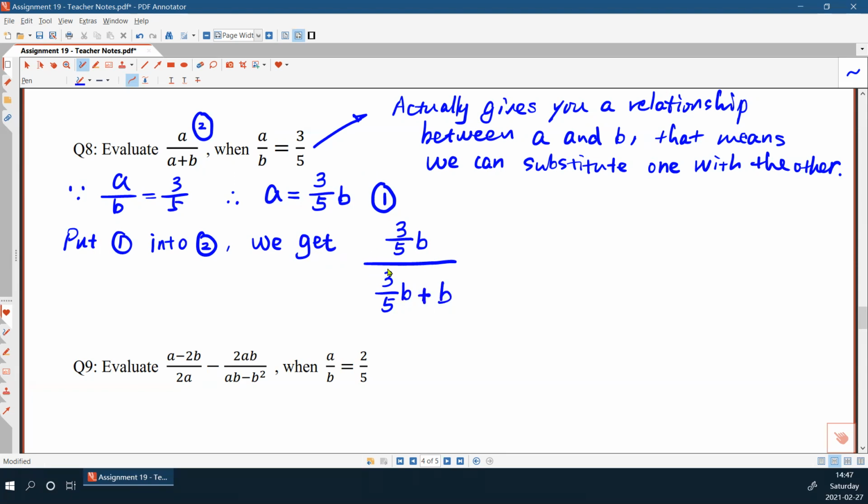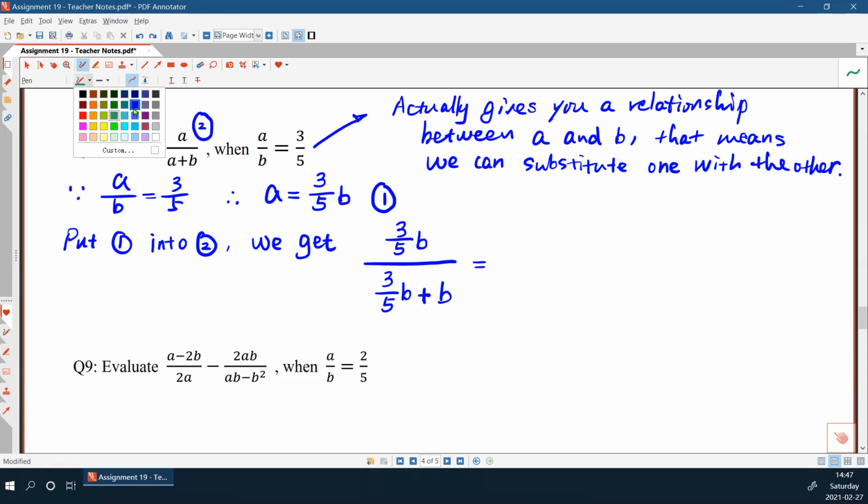What you can see here is we substitute A with 3b over 5. Why do we need to do this? In this way, we can cancel a B in both the numerator and denominator, because there is a B here, and B here. So it's possible for us to cancel a B.